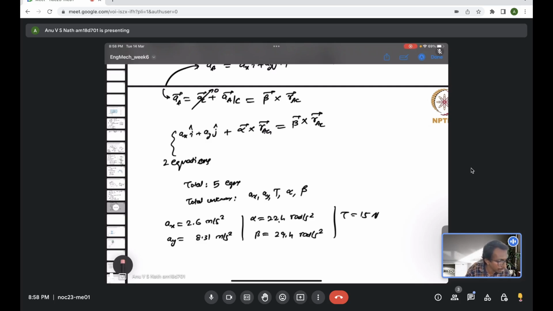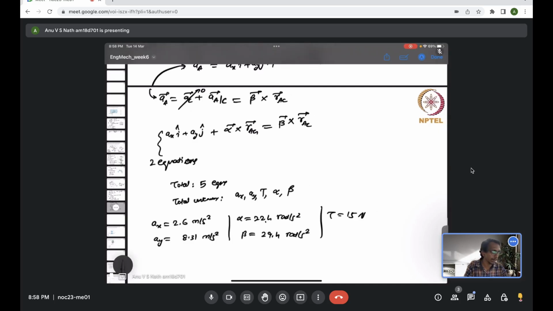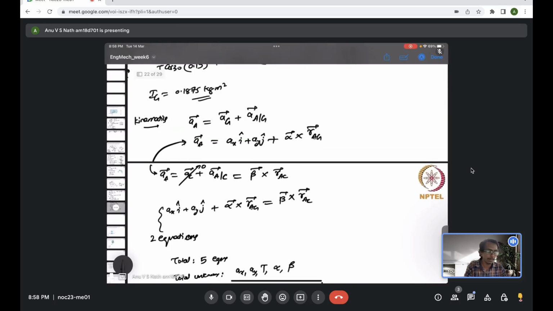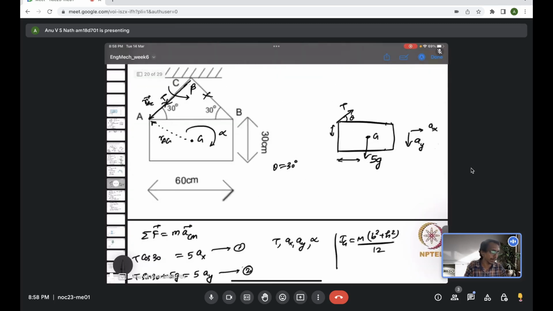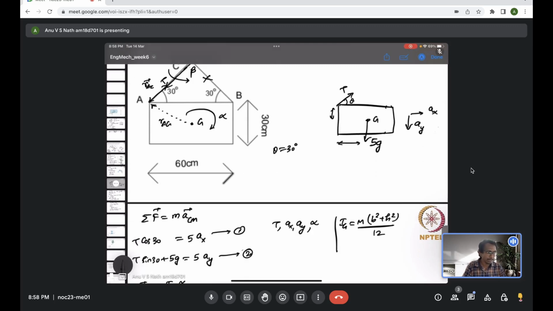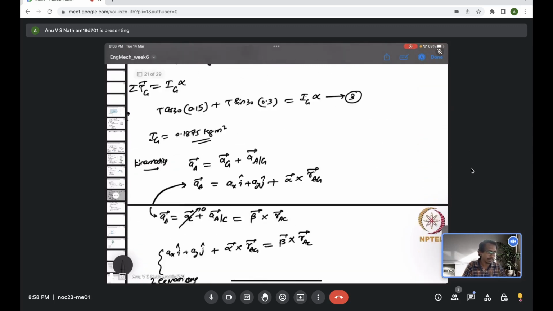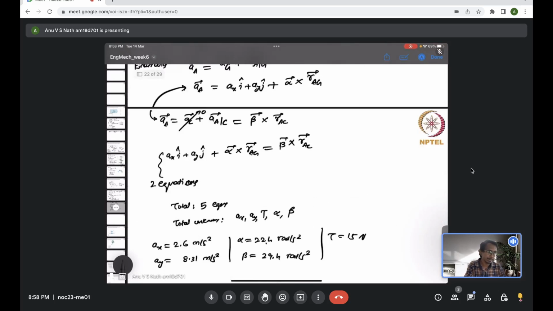AY is actually plus, because we chose everything according to convention. So you are getting everything plus, that means the assumption we made is correct. It will have a horizontal acceleration in the plus x direction, and vertically down it has an acceleration AY, and then tension is acting, and all the alpha and beta values we have chosen are correct.